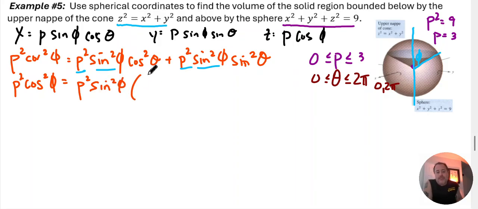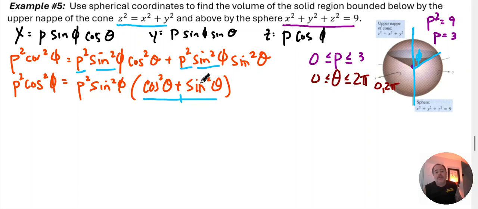What's left over? Conveniently, in the first term there's a cosine squared theta, and in the second term, you guessed it, a sine squared theta. We know this identity: cosine squared plus sine squared is equal to 1. So this whole thing is now 1, and it's gone. And what other amazing things are starting to happen here? The rho squareds can also cancel.